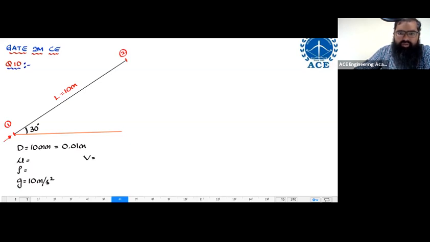Viscosity is 0.1 Pascal second. Density is 800 kg per meter cube. And velocity over here is equal to 0.1 meters per second.